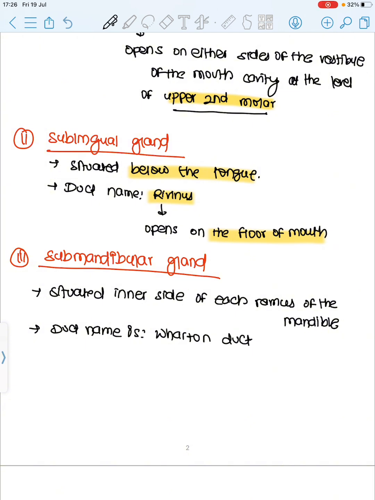And one thing is that in submandibular, here is M, and if you make M opposite, then it will be W. So submandibular gland duct is Wharton duct. And then this duct opens on either side of the frenulum of the tongue.